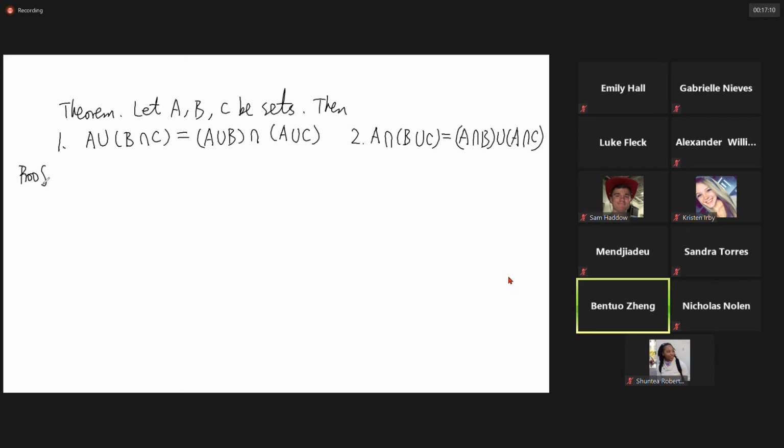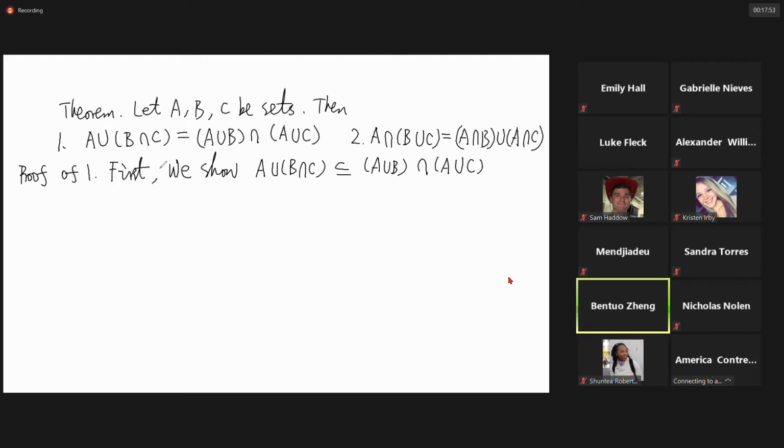So proof of one. Let's first prove the left-hand side, that is A union (B intersect C), is a subset of the right-hand side. And then we want to show the right-hand side is a subset of the left-hand side. So first, we show A union (B intersect C) is a subset of (A union B) intersect (A union C).